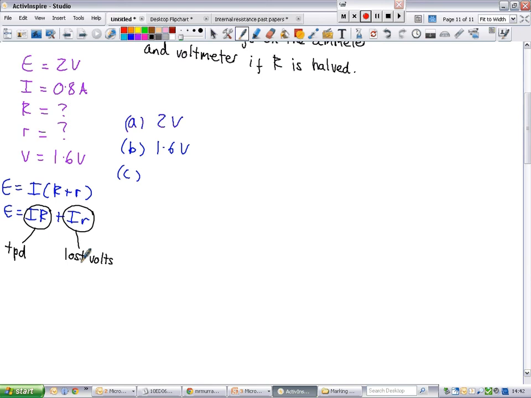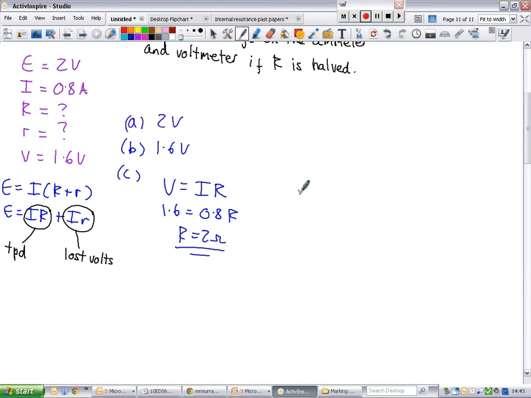So in this case we have everything that we need. We've got the current and we know the voltage and we know the EMF, so we can split it off into its 2 parts. V equals IR, that's terminal potential difference, equals current multiplied by big R, the external resistor. That's going to be 1.6 equals 0.8 multiplied by big R, so big R is therefore 2 ohms.